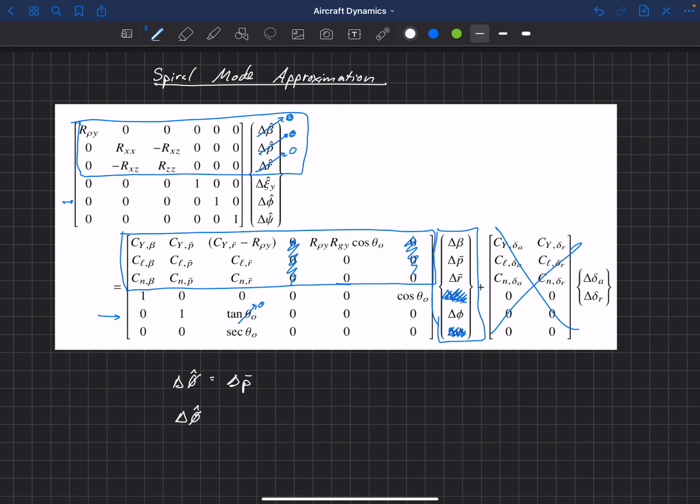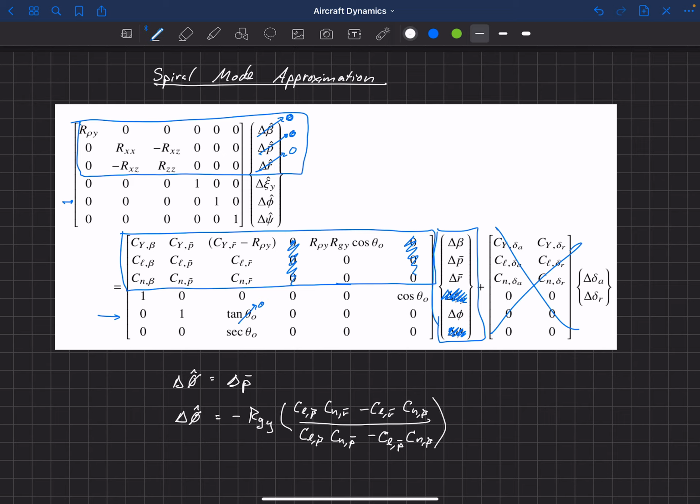We'd have delta phi hat is equal to minus r gy, that's one of those ratios, times cl beta times cn r bar minus cl r bar cn beta, divided by cl beta times cn p bar minus cl p bar times cn beta.